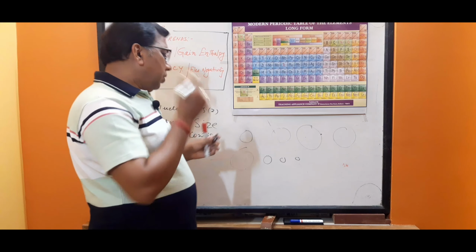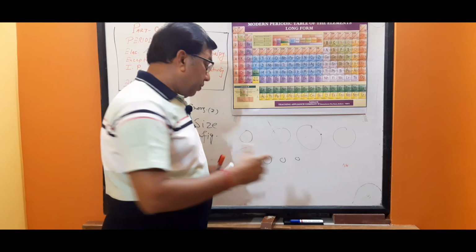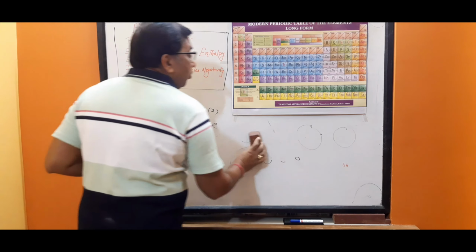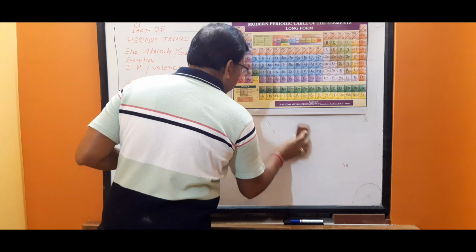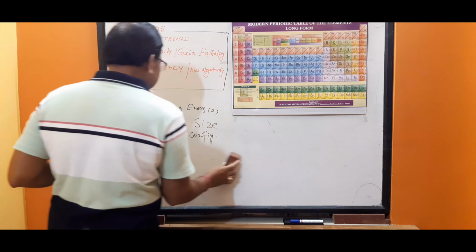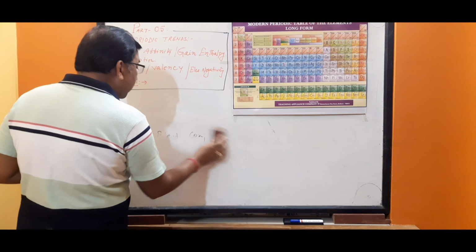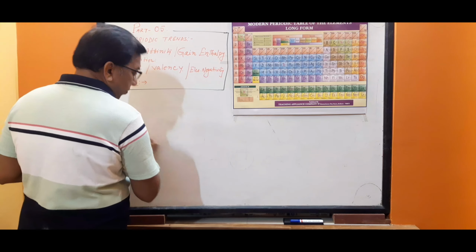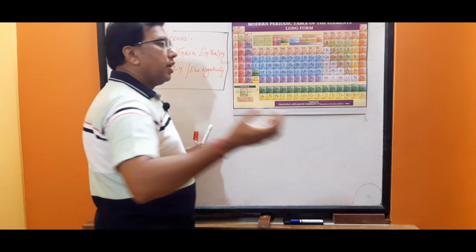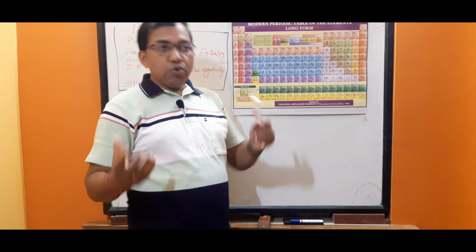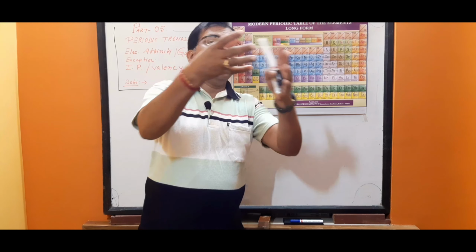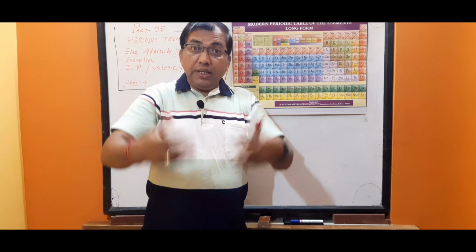And the electronic configuration. Electronic configuration means, in case of stable electronic configuration, that is half-filled or fully filled orbitals. See, in case of noble gases, stable means no electron can be lost, no electron can be gained. So if an extra electron has to be added, I have to give extra energy.